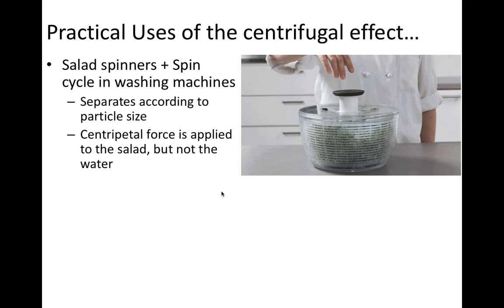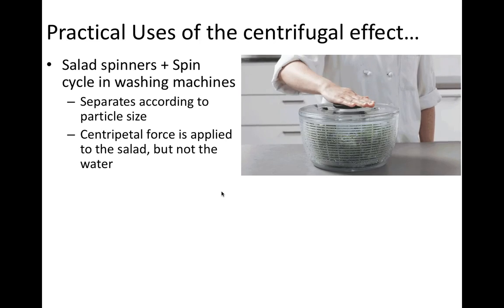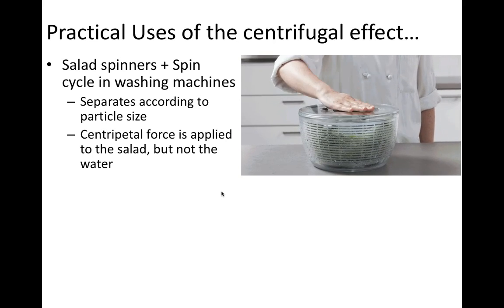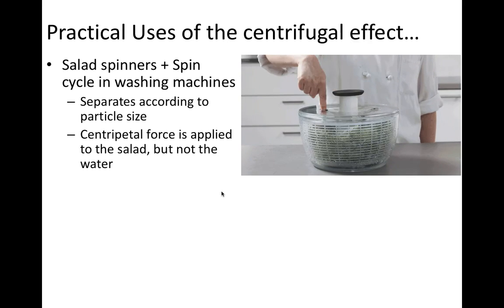There's an inward centripetal force applied to the salad, but that does not get applied to the water. The water continues moving off tangentially, and that separates the water from the salad.